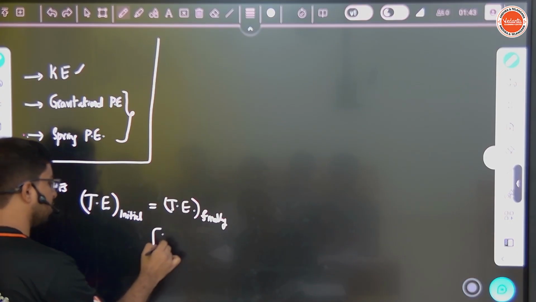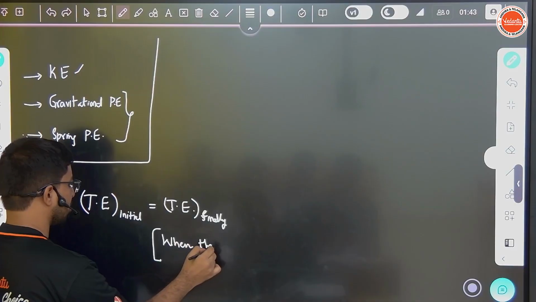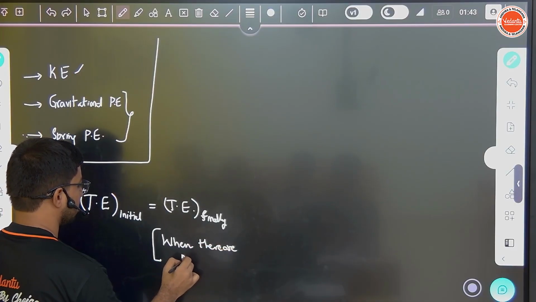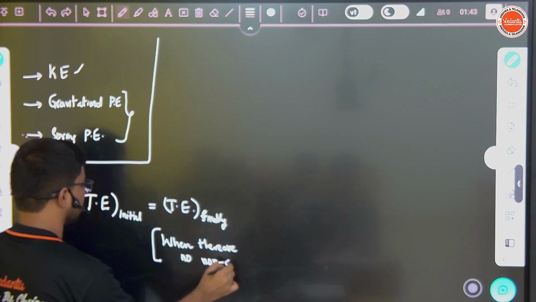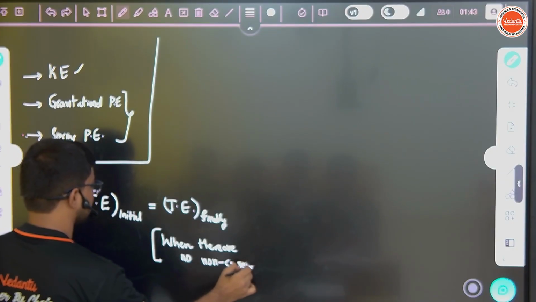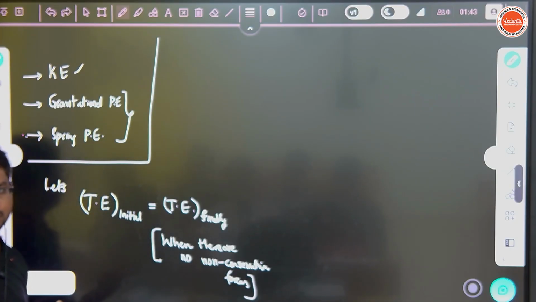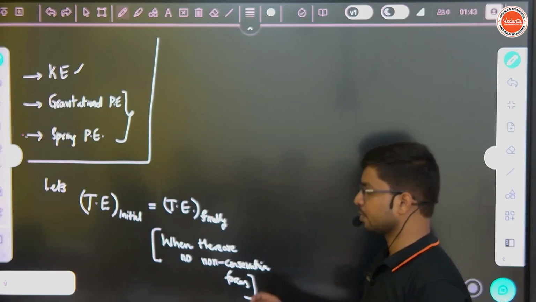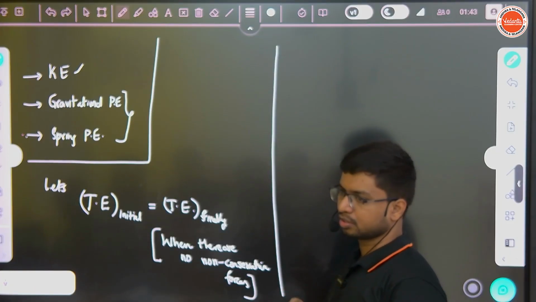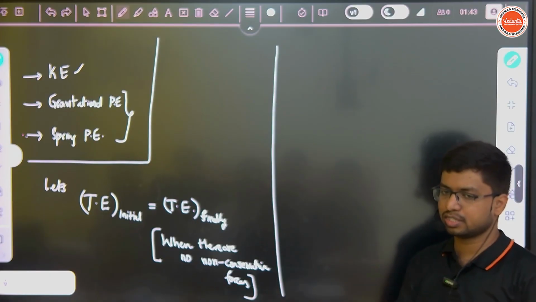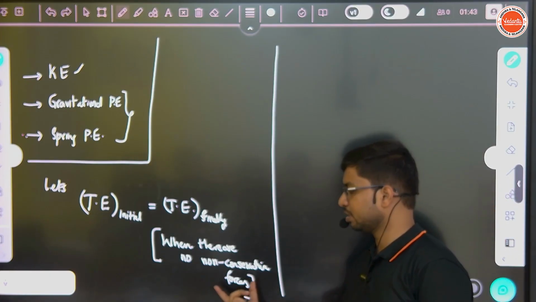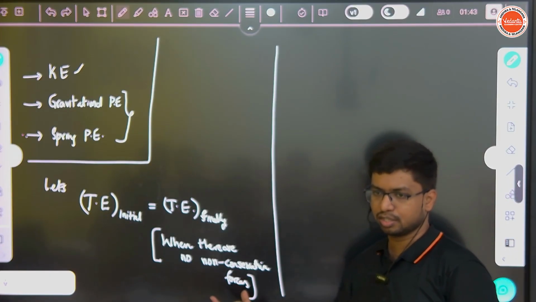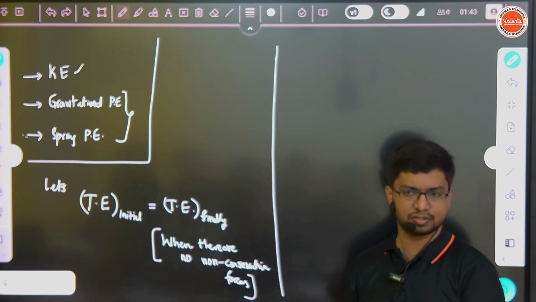When is this valid? When there are no non-conservative forces, right? Only then this is valid. Okay, what if non-conservative forces are present? Then how can we modify this equation? See, one thing is very clear: if non-conservative forces are there, definitely that is going to reduce the total energy of the system, right?